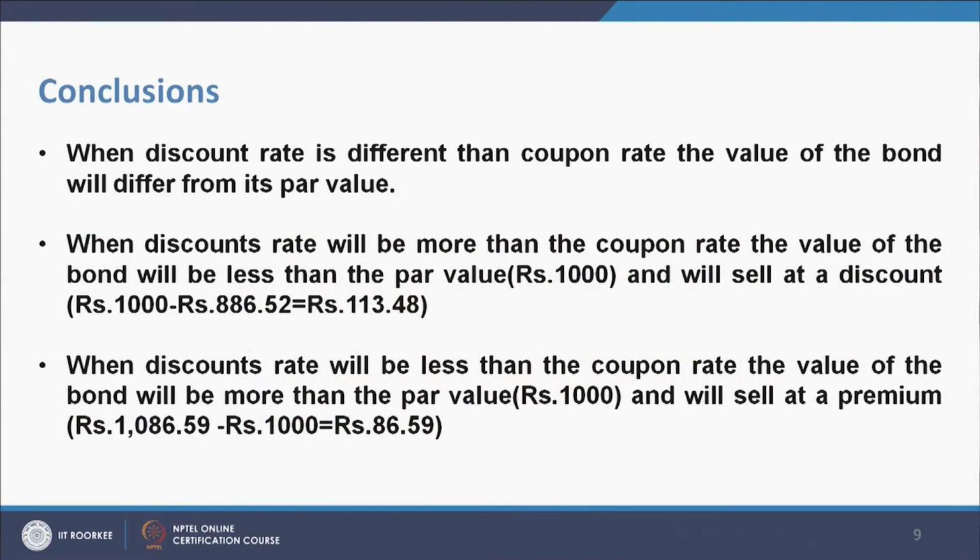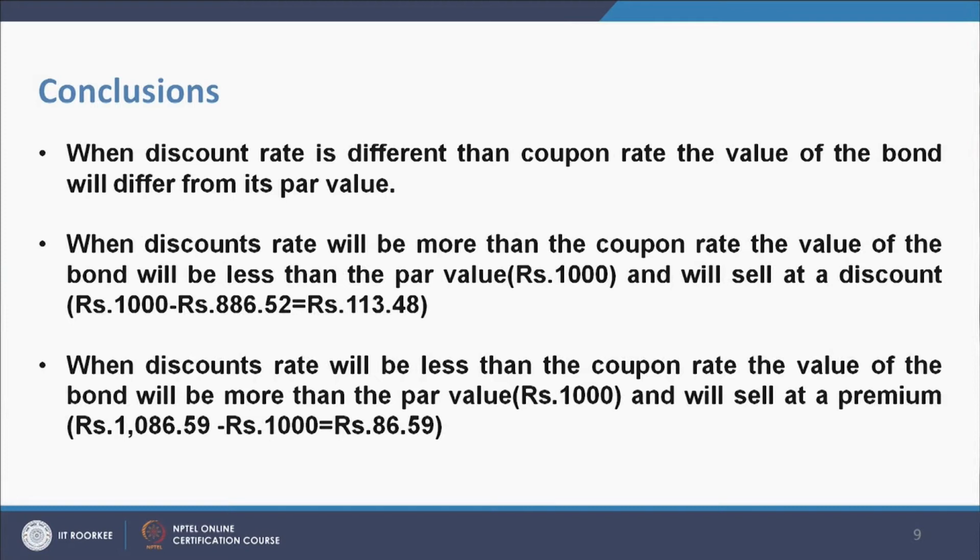My par value was 1000, and the bond will sell at a discount. We know that when the discount rate was 10%, the value of the bond was 886.52, which was less than 1000. So, it will sell at a discount, and the discount will be rupees 1000 minus rupees 886.52, which comes out to be rupees 113.48.